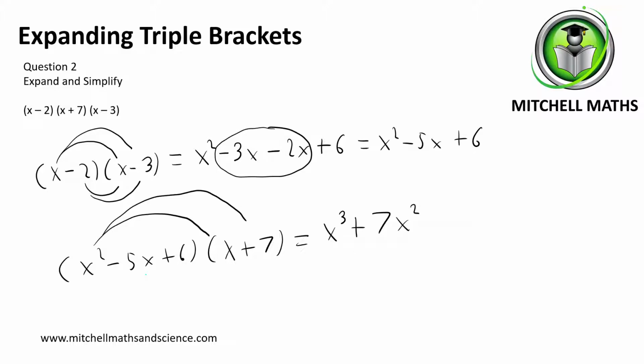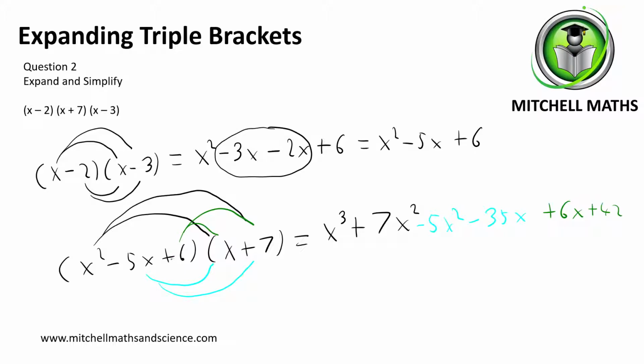I've now got minus 5x times x, which is minus 5x squared. And I've got minus 5x times plus 7, which will be minus 35x. And finally, I've got 6 times x, which is plus 6x. And 6 times 7, which is plus 42.